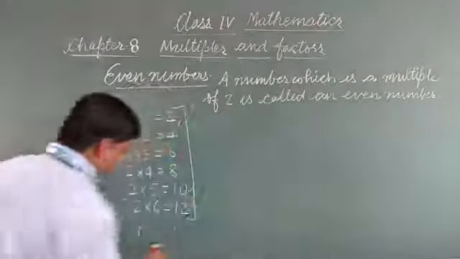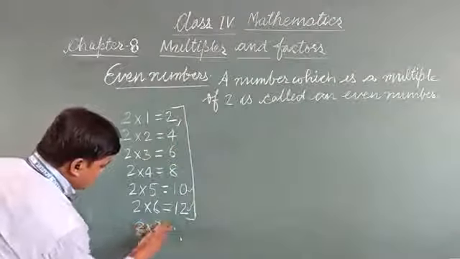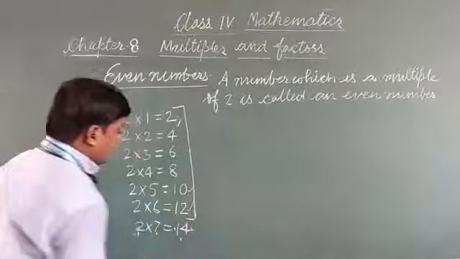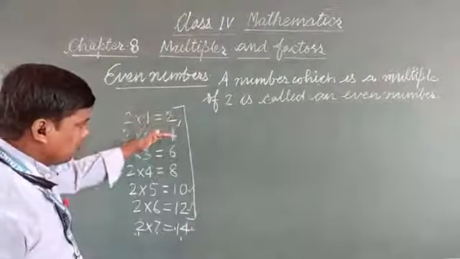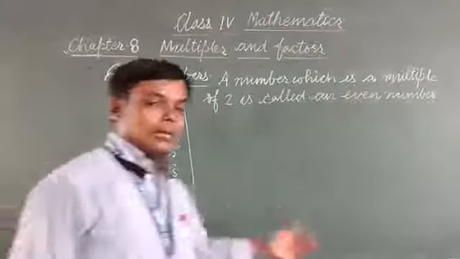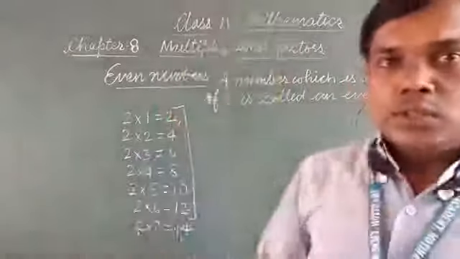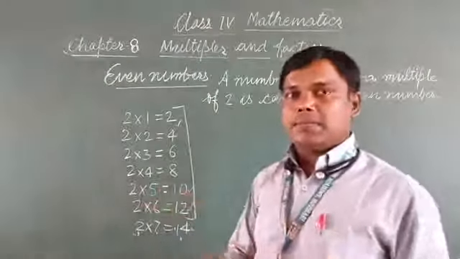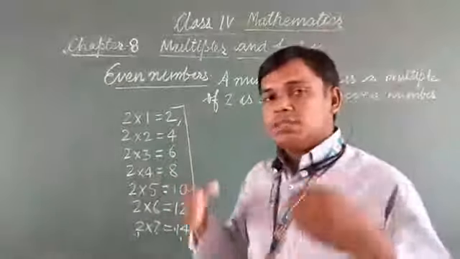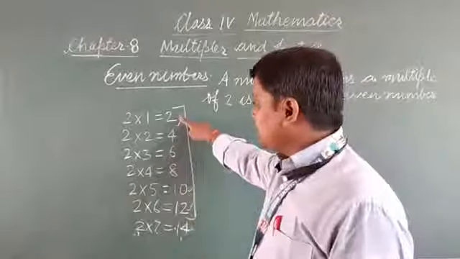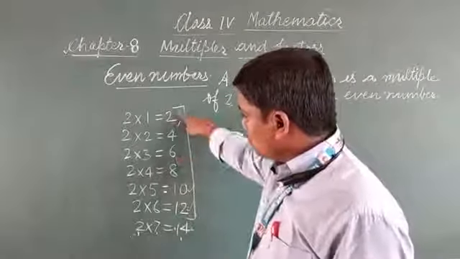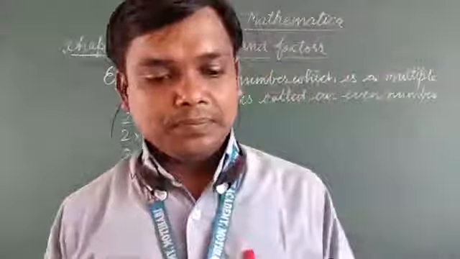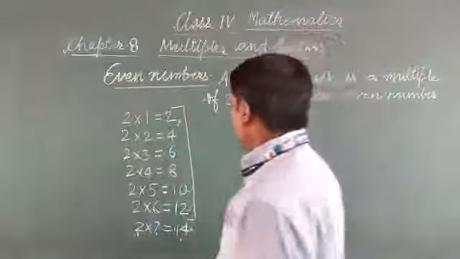If you multiply 2 by 7, you will get 14. So here is 4. Means after 0, 2, 4, 6, 8 will repeat at the ones place. So in other words, you can say that a number is said to be an even number when its units place is either 0, 2, 4, 6 or 8. Clear?